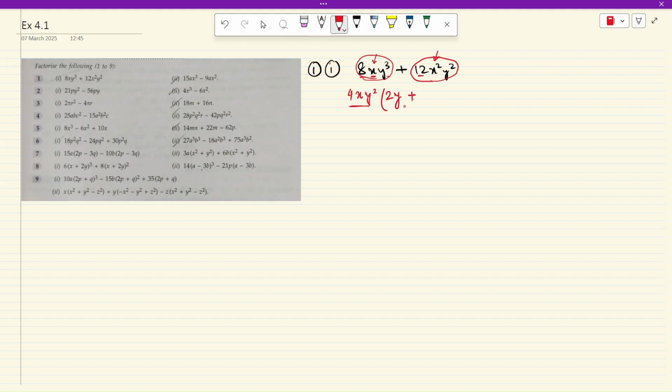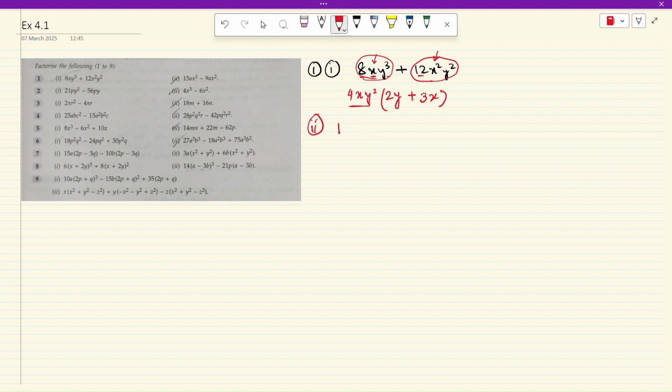Okay, same, 4 times 3 is 12, x and x goes off, only one x remains, and y square goes off, so it will be 2y plus 3x. Okay, moving on to the next question.